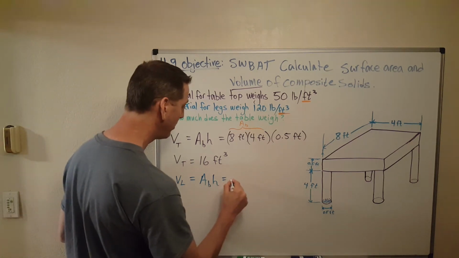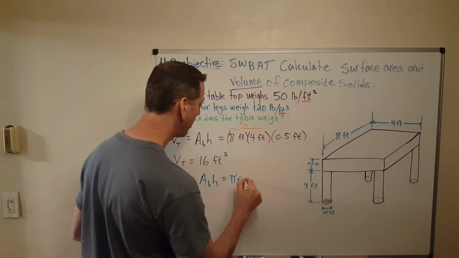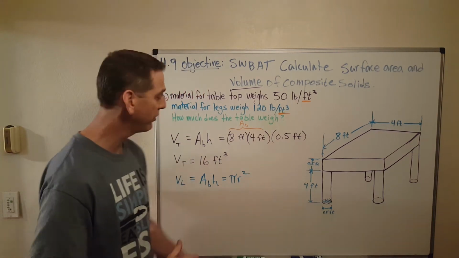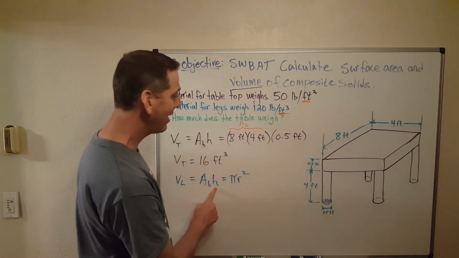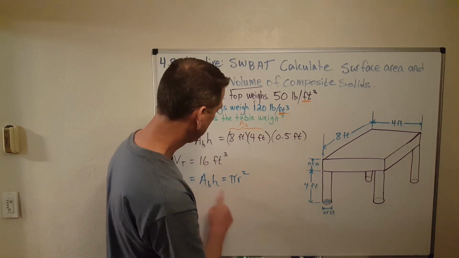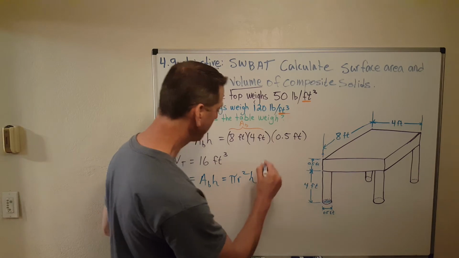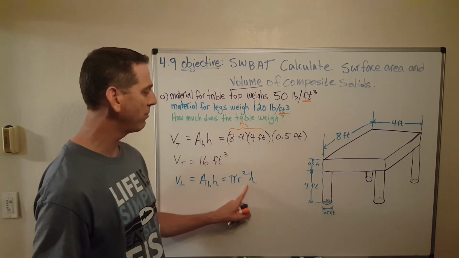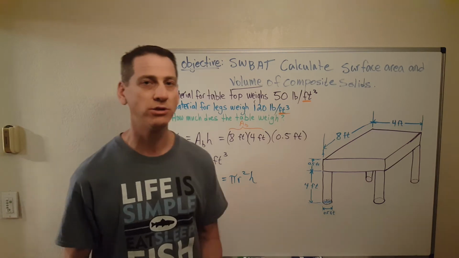If you remember, it's pi r squared. And the height, we're just going to keep it as height for right now. So there's my formula for the volume, pi r squared h.